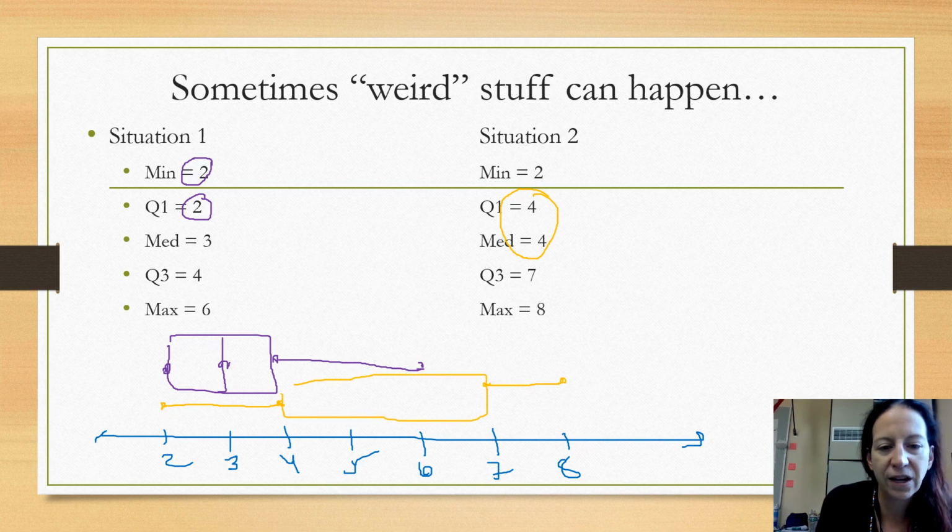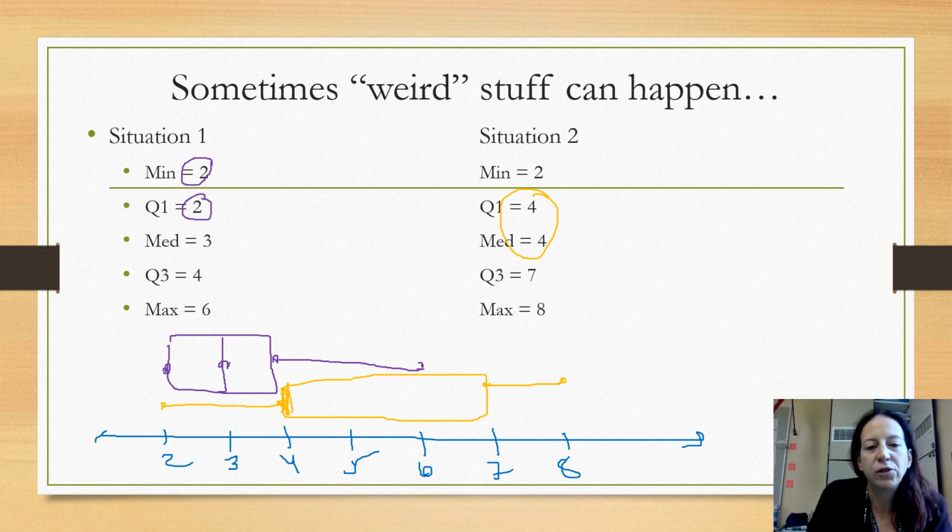But now there's no spot to put the line in the box because it duplicated with the left hand over there. So yeah, that can happen as well. It doesn't happen too much, but where you guys are going to be working with data sets of 10 numbers, it might. So I just wanted you to see that so that you didn't think you had done something wrong.